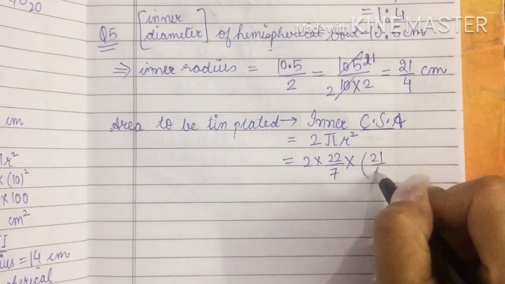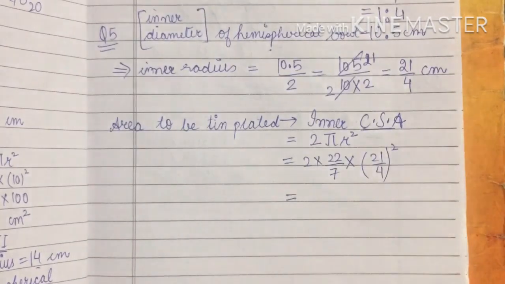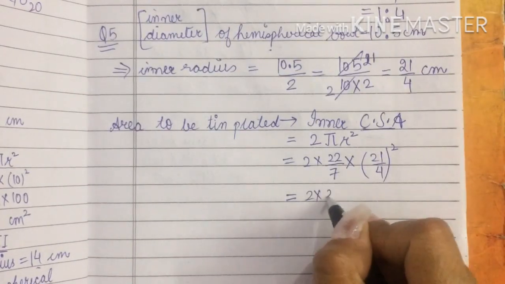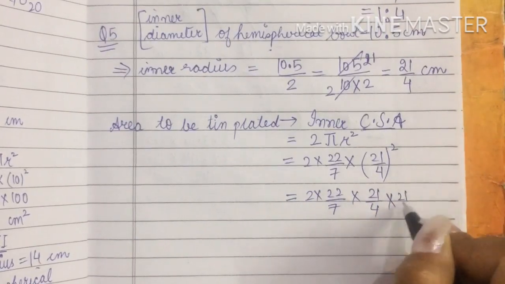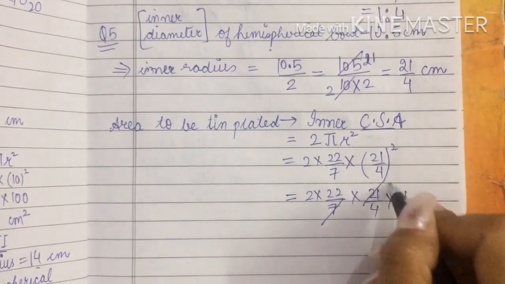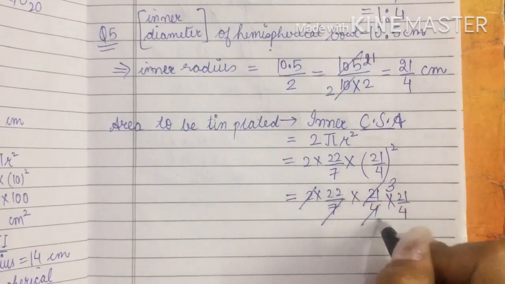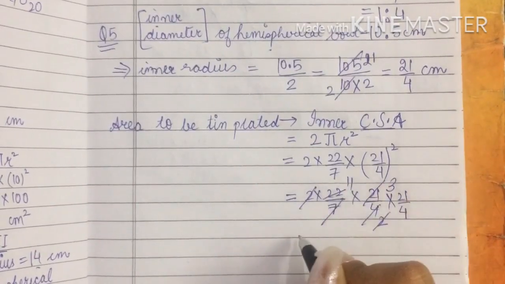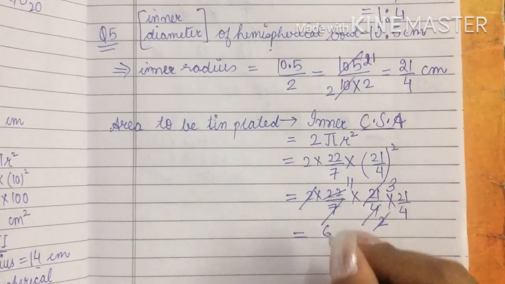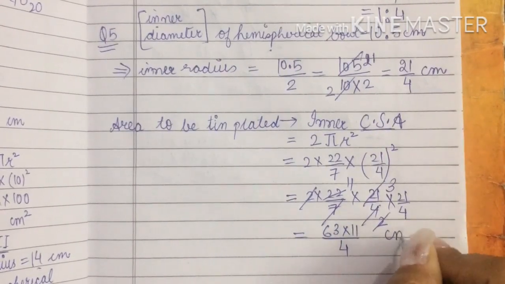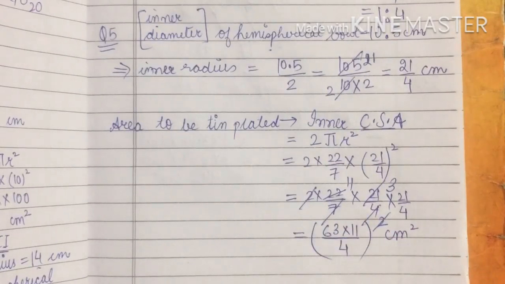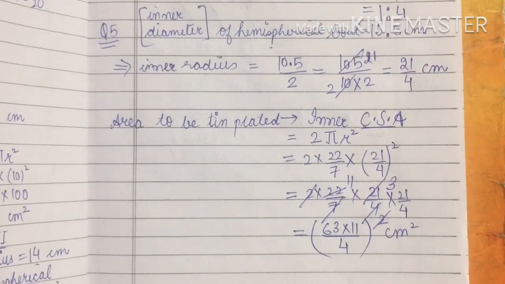This is 21 by 4. Now simplifying, 2 into 22 by 7 into 21 by 4 into 21 by 4. These get cancelled. So I have got 63 into 11 by 4 centimeter square. Again, I'm not simplifying. I'll be using this as such for the next step.